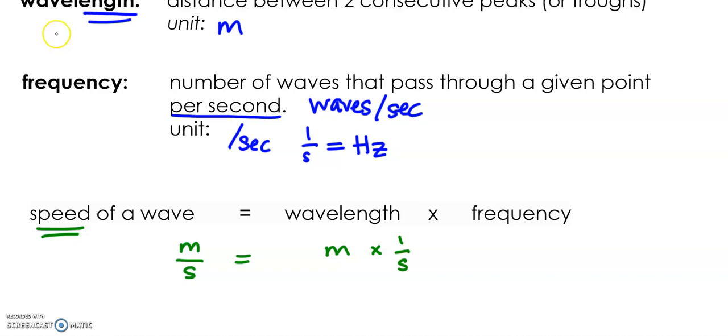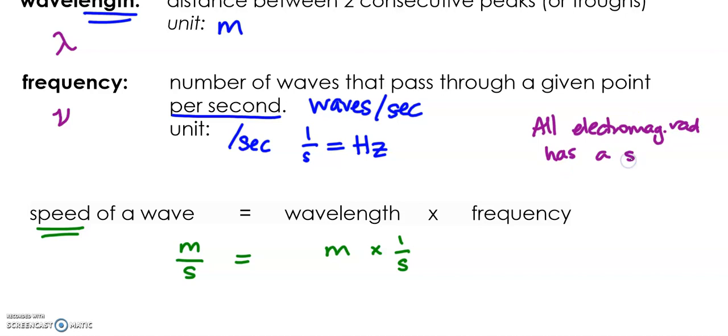So we can have an equation to solve for this. The symbol we use for wavelength, I know you probably want to use a W, but it's this Greek letter lambda. Frequency is the Greek letter nu. And speed, all of these waves have the same speed. All electromagnetic radiation travels at the speed of light.